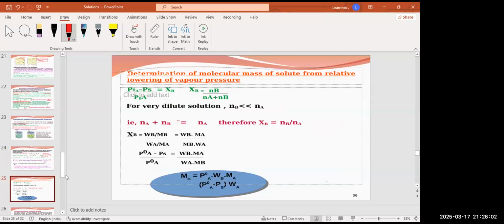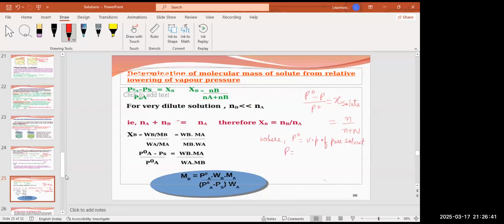How will you determine the molecular mass of solute from relative lowering of vapor pressure? Basically the formula for this will be P naught minus P upon P naught, which equals the mole fraction of solute, and this is also equal to n upon n plus N, right? Now what is P naught here? P naught here is the vapor pressure of pure solvent, right?